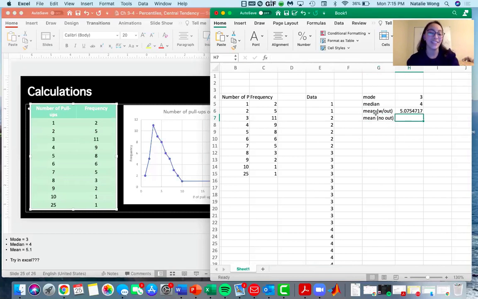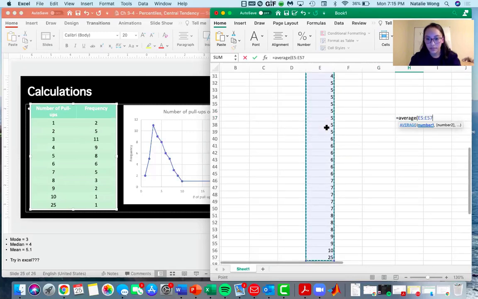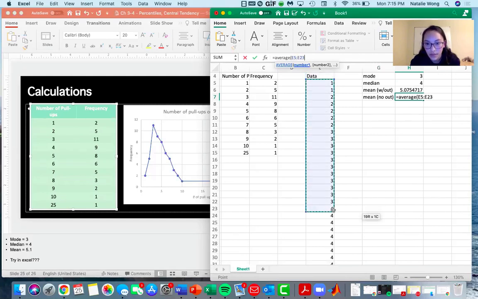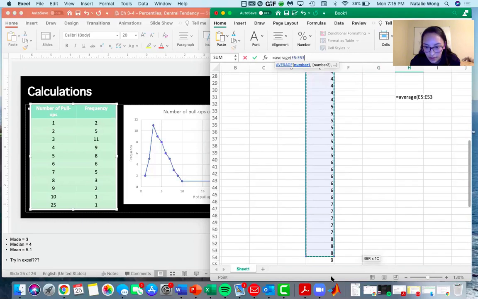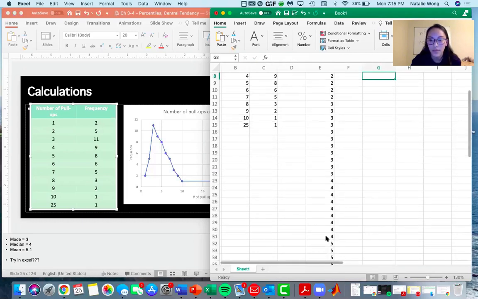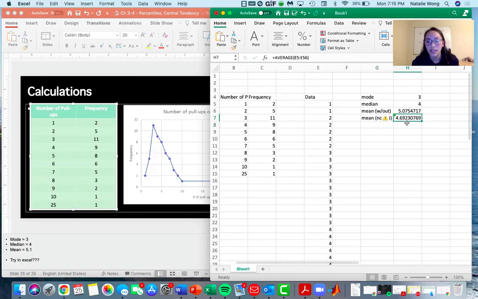Anyways, if we calculated it without that value of 25 at the end, I'll just do it the hard way. We'll go here. Okay, you can see the average is actually 4.69, right?